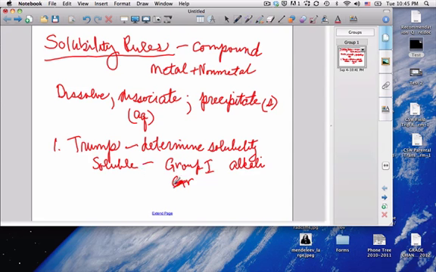So it's just the group 1 cations that are guaranteed to make a compound soluble, and the other thing is the polyatomic cation ammonium. Okay, so if a group 1 ion is the cation, it's soluble. And if ammonium is the cation, and that's not ammonia, it's ammonium.